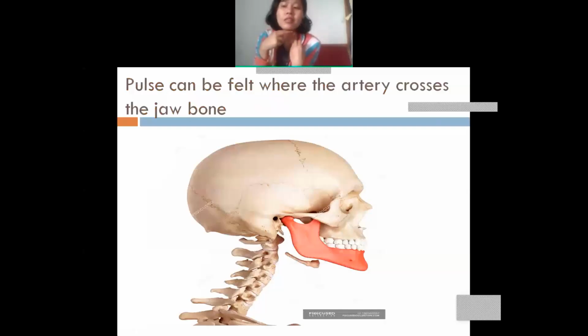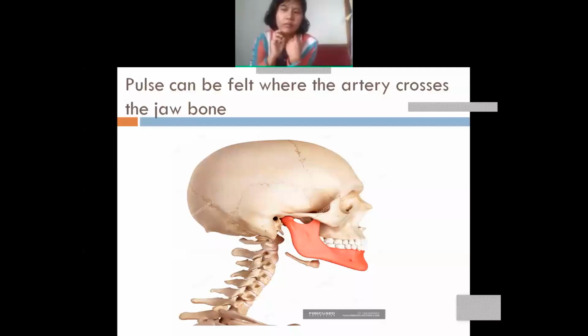Just downside of that, here in this portion in your jaw area, just downside of the mandible portion, what will you find? You will find an artery. It is a carotid artery, and you will find that there is a pulse. You will be able to feel it. It is the carotid one, that one. So you will be able to feel that.